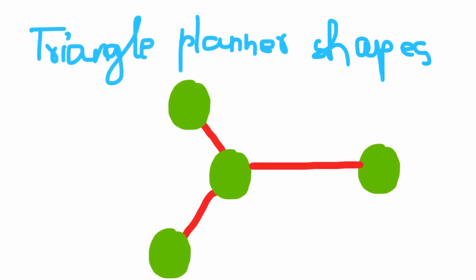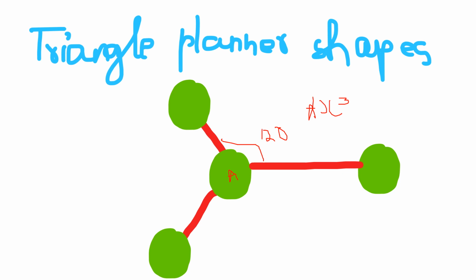Secondly, we have another shape known as triangular planar shape. This shape is formed in AX3. As we know, this is A and the rest are X, so here it is AX3, where the central atom possesses three bond pairs. Now repulsion of these bonds forms the three corners with 120 degrees. Keep in mind, in linear shape there is 180.